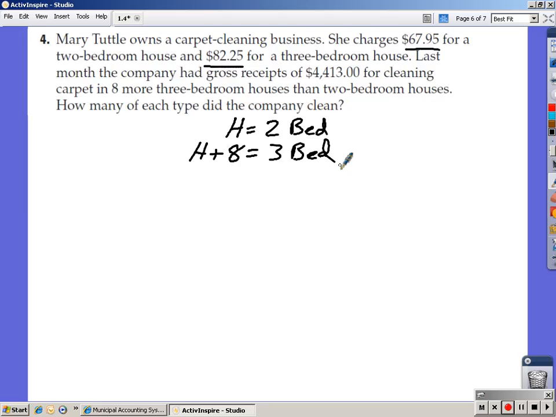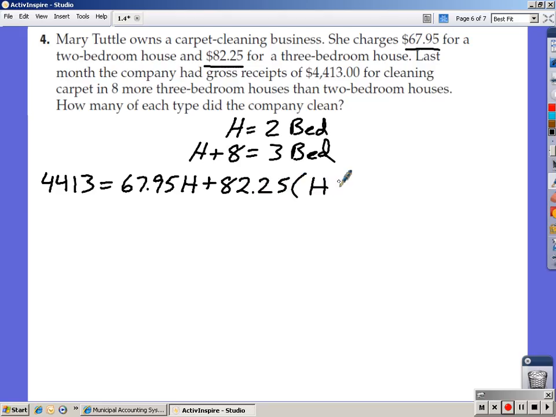Now, we know my gross receipts are $4,413 equal to $67.95 for a 2-bedroom. We don't know how many we did, H. $67.95H plus the 3-bedroom is $82.25 times H plus 8. Just like that.